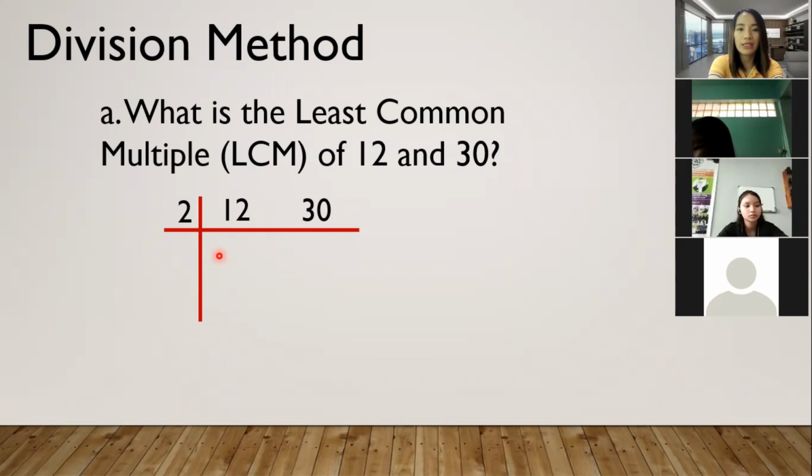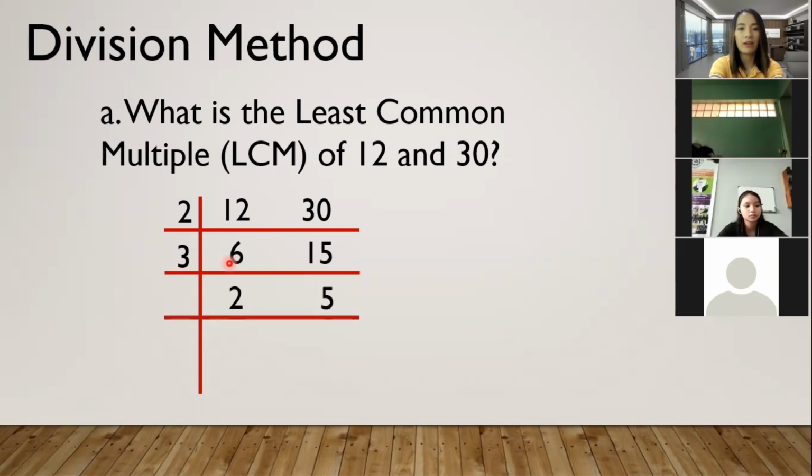How about 30 divided by 2? 30 divided by 2 equals 15. Very good. So the quotient is 6 and 15. Next, divide it again by a prime number. What's the answer? 3. Very good. So 6 divided by 3 equals 2. 15 divided by 3 equals 5.